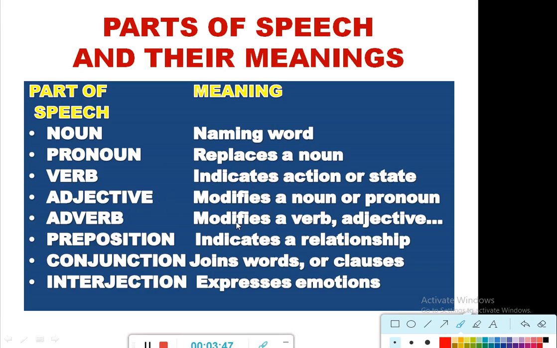An adverb modifies a verb, an adjective, or sometimes another adverb. A preposition indicates a relationship between parts of a sentence. A conjunction joins words, phrases, or clauses together, while an interjection expresses emotions.